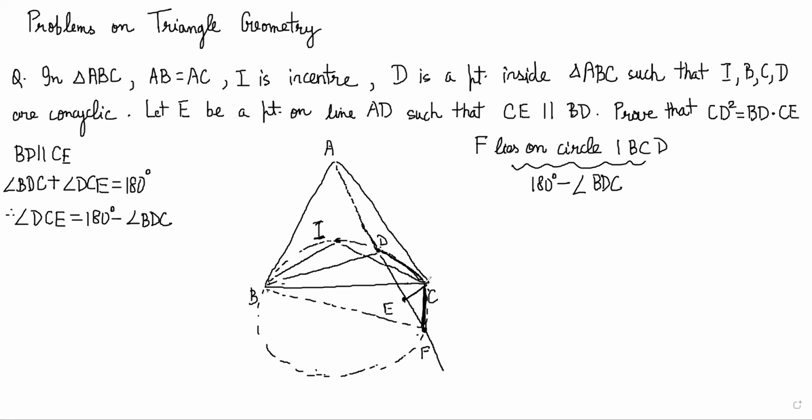So 180 minus BDC is equal to angle BFC. BDCF is cyclic, therefore this result is true. Therefore, we get angle DCE is equal to angle BFC. We also have, by the way, AB is equal to AC, so we need to remember that as well.